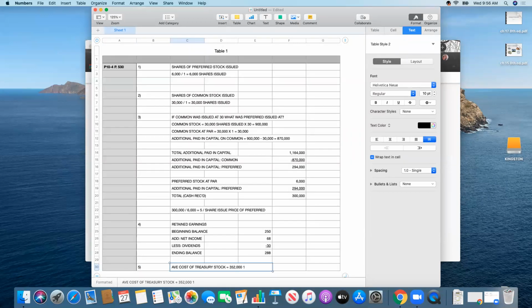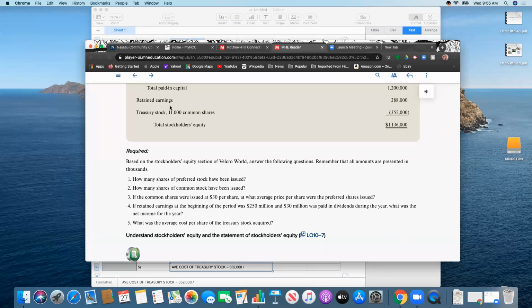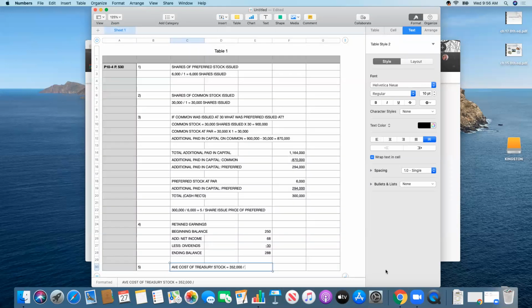And we need to know how many shares of treasury stock there were, 11,000. So 352,000 divided by 11,000 is 32.